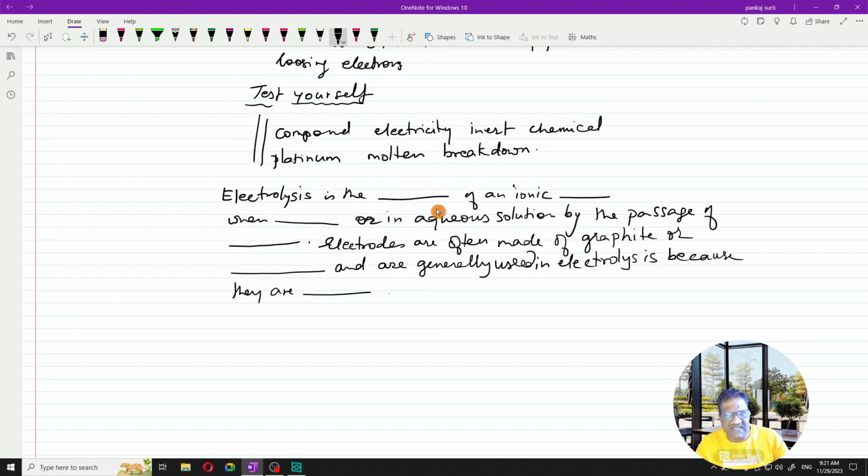Electrolysis is the dash of an ionic compound. So from here the word will be breakdown. So it is the breakdown of an ionic, compound. Ionic compound. Not only breakdown, you can use chemical breakdown, along with the breakdown you can use the word chemical also.